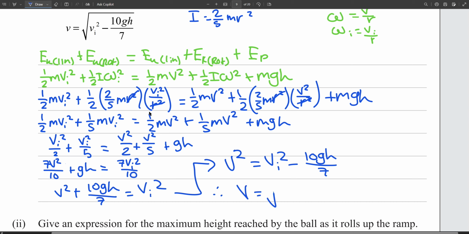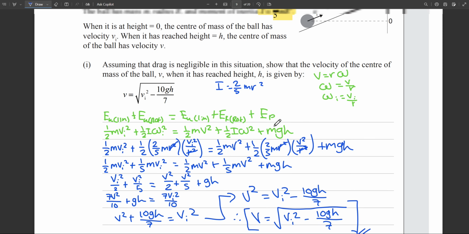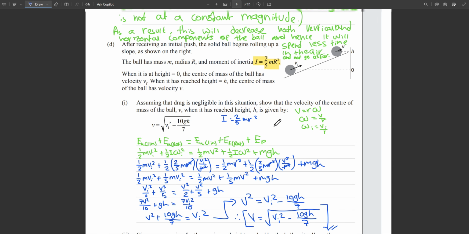Therefore, v equals the square root of vi squared minus 10gh on 7, and yep, that's proved. Sweet. Okay, so that's that one there.